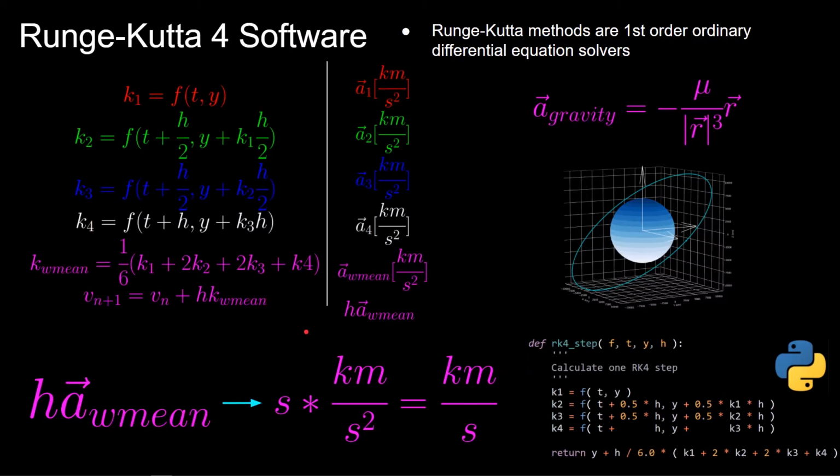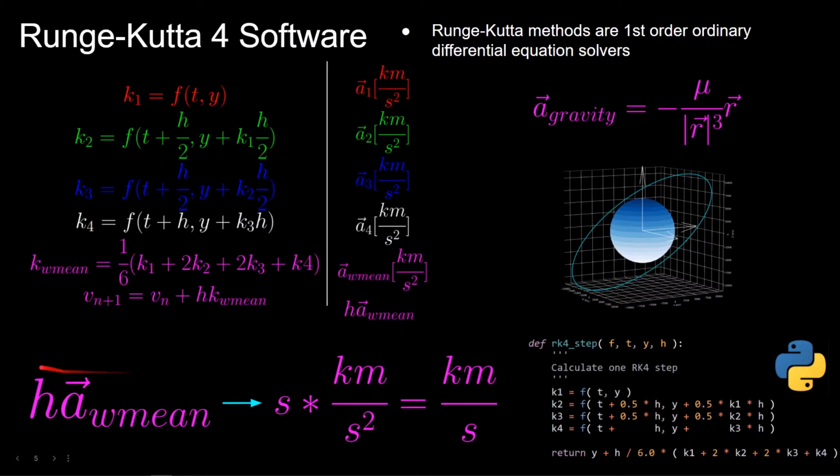And here, the most important part to understand is why Runge-Kutta solvers are first-order ODE solvers. So to calculate the next velocity given the acceleration weighted mean, we simply multiply that value by the step size, and recall that this corresponds to calculating the area under the acceleration curve. So in this case, the step size has units of seconds, and the acceleration has units of kilometers per second squared.